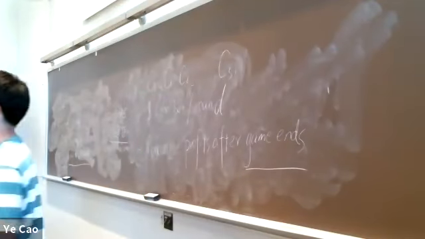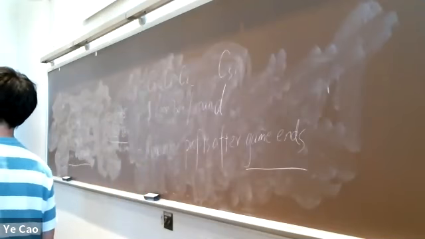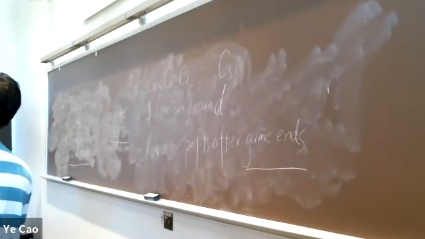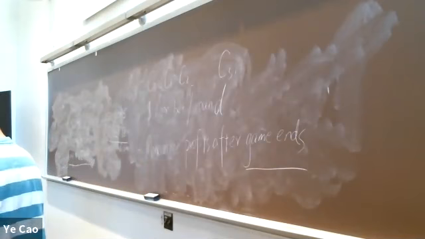Any idea how to deal with this problem? What do you think is the thing that really optimizes here? Or any idea? Okay, I'm going to give you a few minutes.